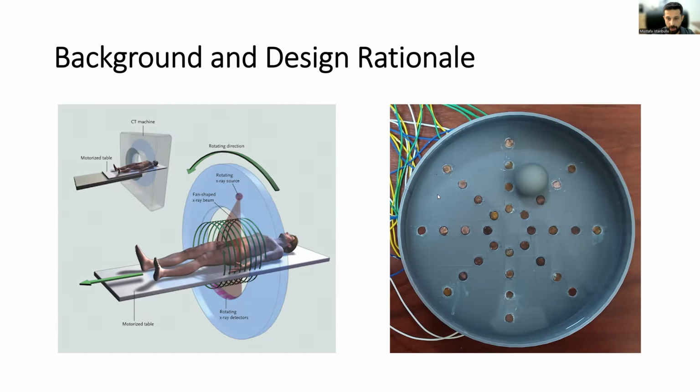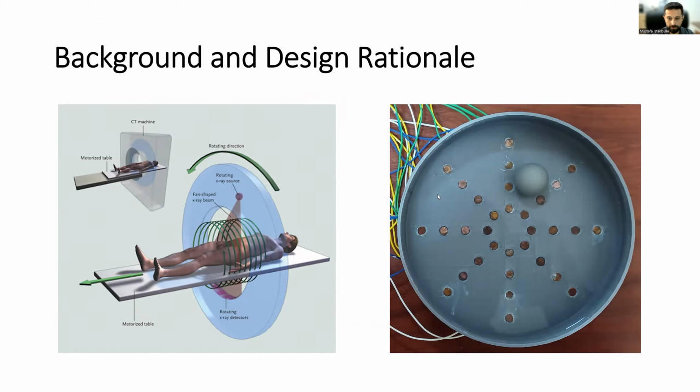So, how did we approach this? We took inspiration from the scanning principle used in computed tomography, where multiple angular projections are collected to build a complete internal image.